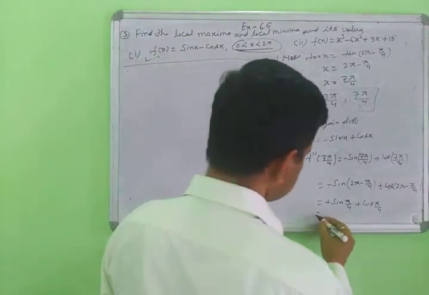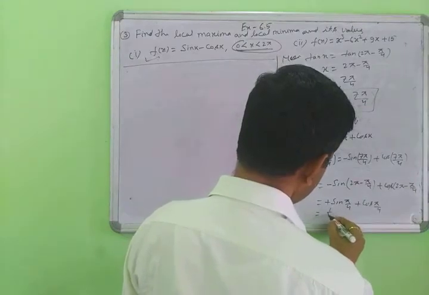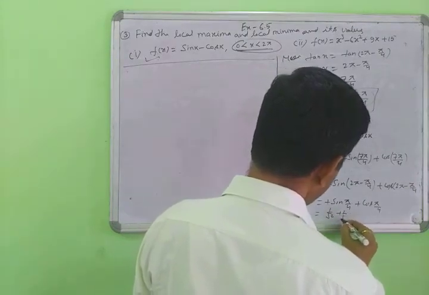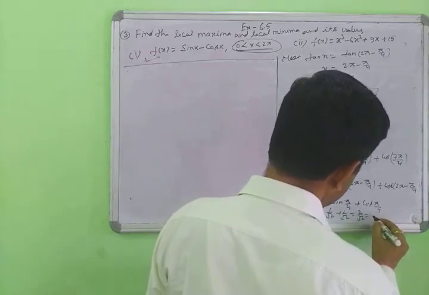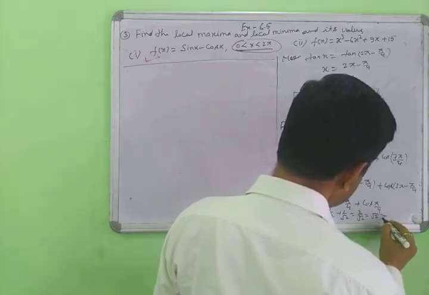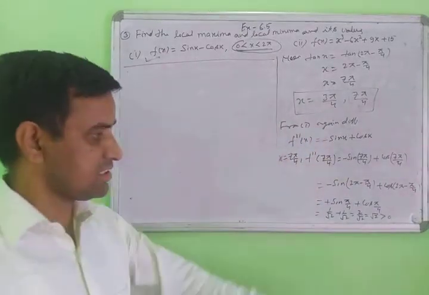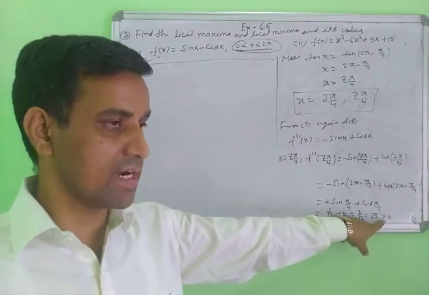Putting the value here, sin π/4 means 1/√2 plus 1/√2. What value? 2 upon √2, which means √2, and √2 is greater than 0. This is the positive sign.